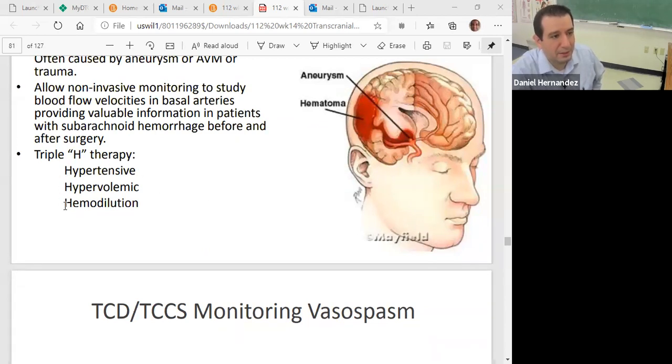Hypervolemic, we want to increase blood flow volume getting to the brain in areas of infarct to prevent areas of infarct. And hemodilution, we also want to dilute the blood in order to allow for more perfusion of the brain tissue.